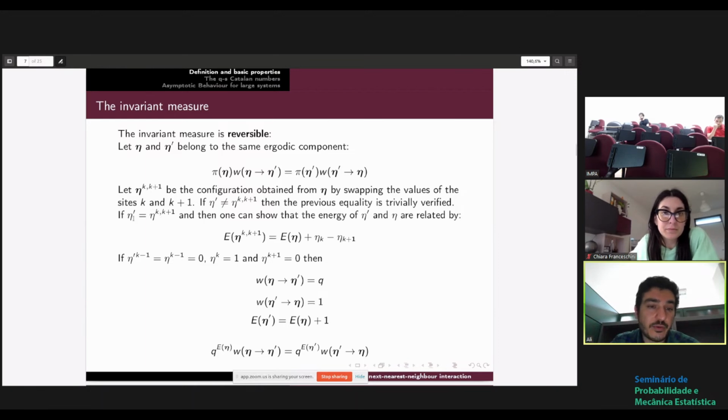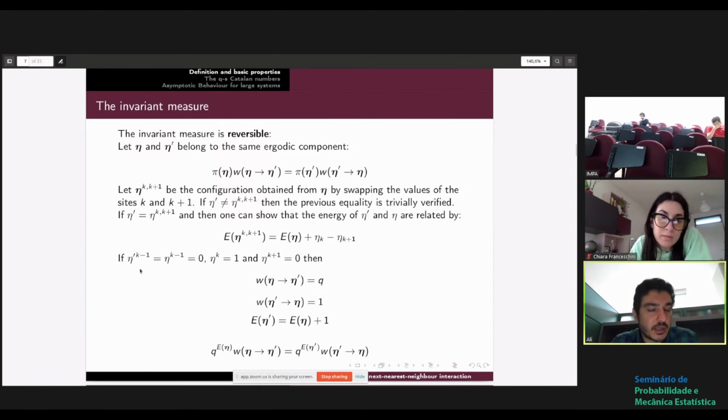And if you do that, then you can relate the energy of the 2 configurations eta and eta prime. The energy of eta after swapping k, k plus 1 is the same as the energy of eta plus eta k minus eta k plus 1.